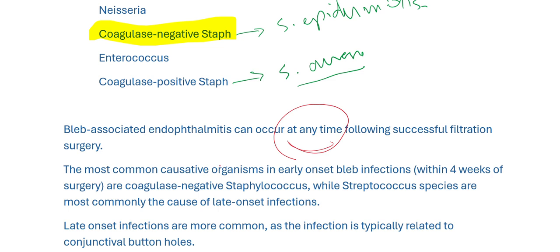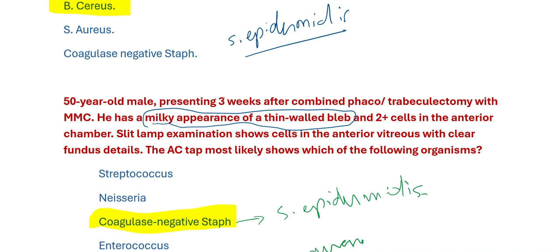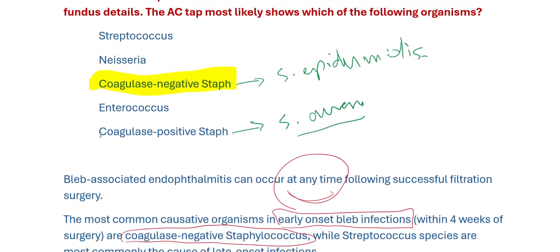The most common causative organism in early onset bleb infections, which is within 4 weeks, are coagulase negative staph, the staph epidermidis group, and the patient presented 3 weeks. Okay, so this is a good question.